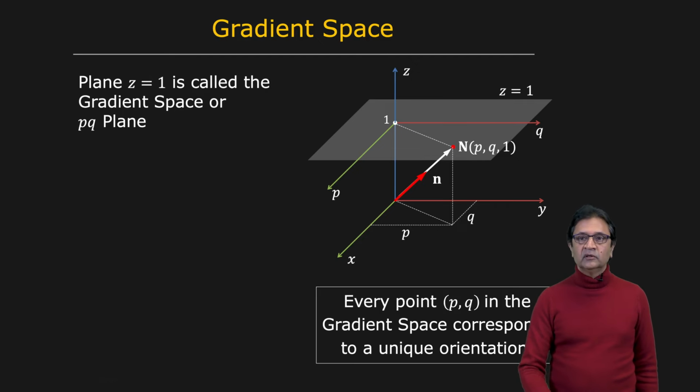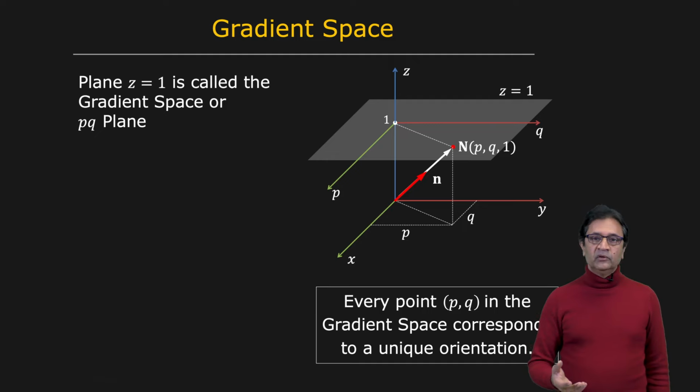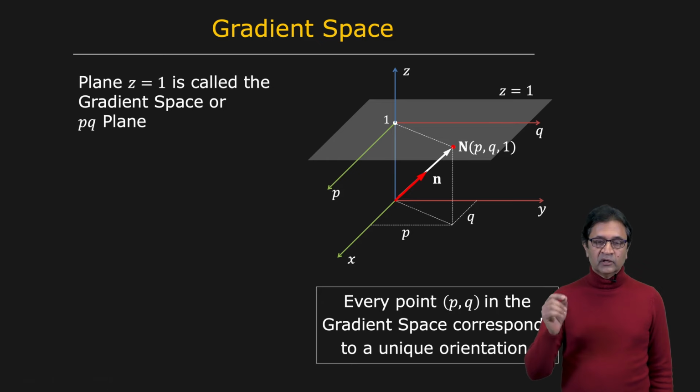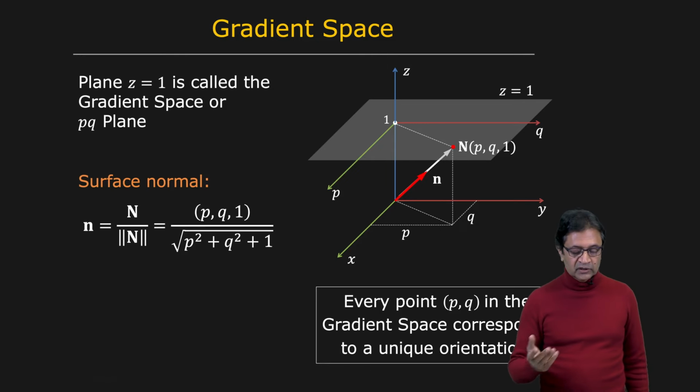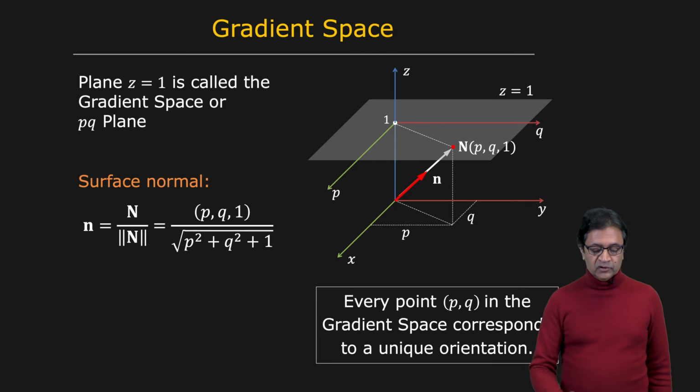So each point in the p, q gradient space corresponds to a unique orientation. Once again, if you're looking at the surface normal, you have the unit surface normal, which is the normal vector n divided by its magnitude. That's defined as follows. We discussed this earlier.